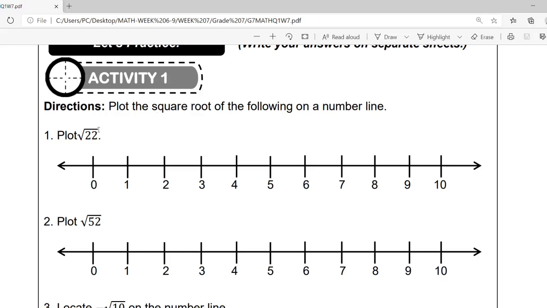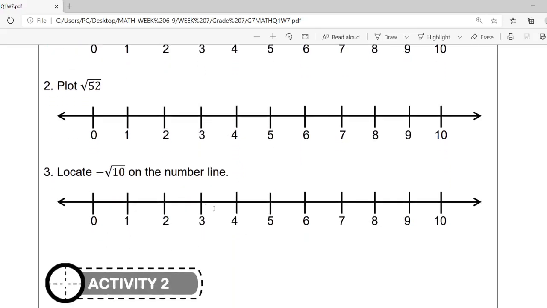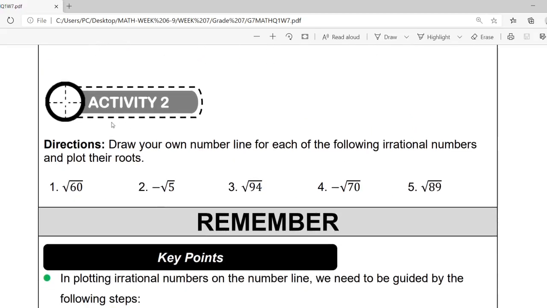Okay, so practice. You have Activity 1, you have to plot these. So just find the lower and upper perfect square numbers, then plot the approximation nearer to which perfect square number. Okay, so the same process here. Draw your own number line for each of the following irrational numbers and plot their roots.